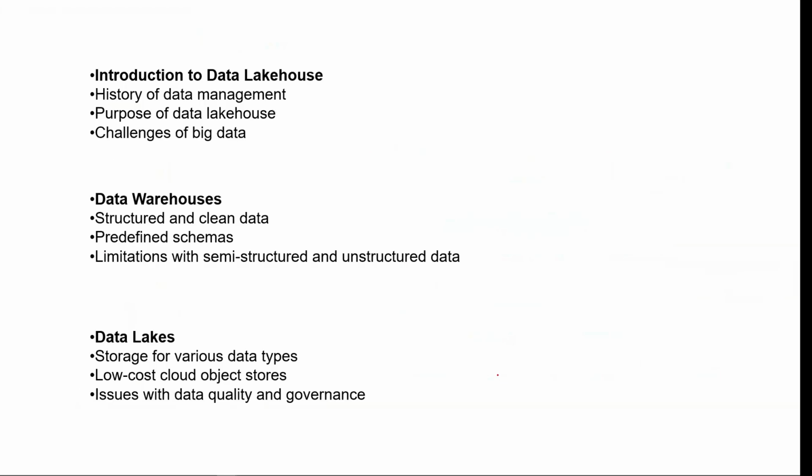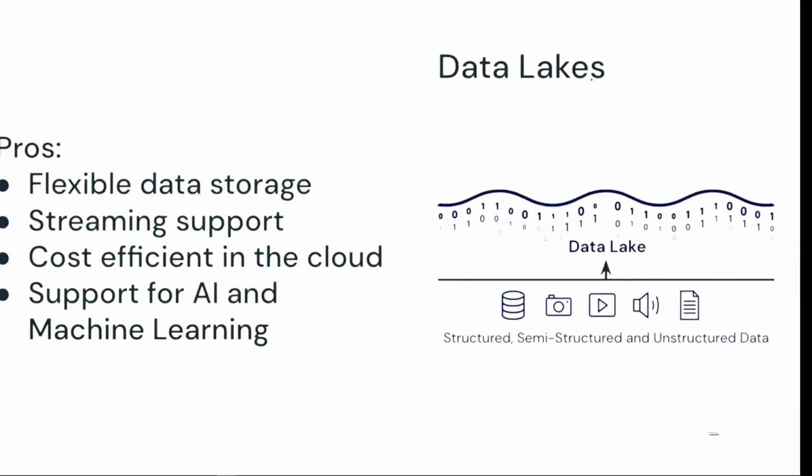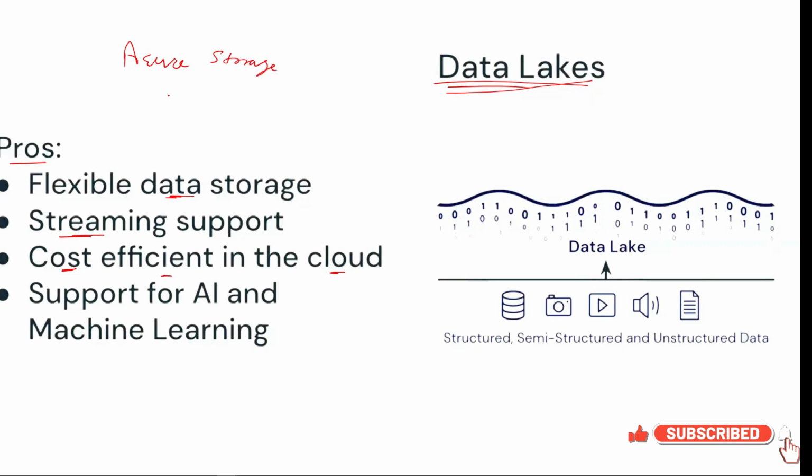Okay. Next is the data lake. We covered the data warehouse. Now the next concept is the data lake. A data lake is basically flexible data storage, and it supports streaming data as well. It is efficient in the cloud. You can simply create a storage account, such as an Azure storage account, or S3 in AWS, and use it as a data lake.